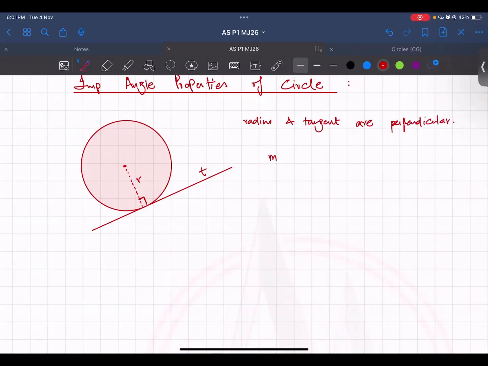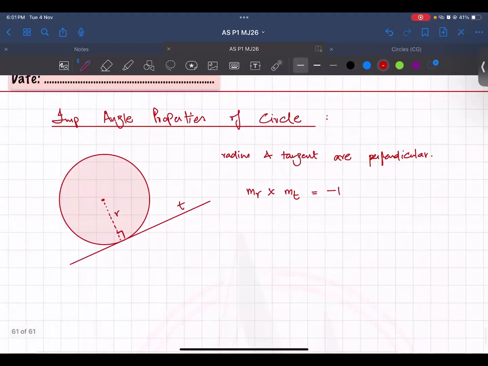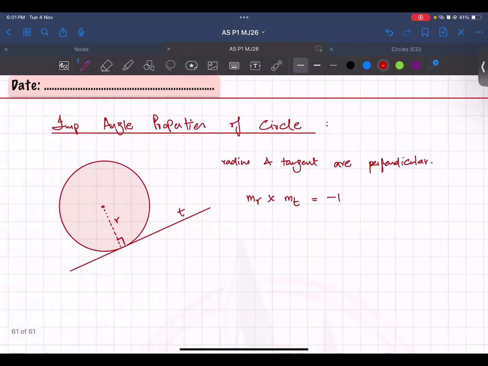So we know that the gradient of the radius and the gradient of the tangent, the product will be -1. This is a property which they have used in the past as well. You will have to think about this and then use this property to further solve the question.